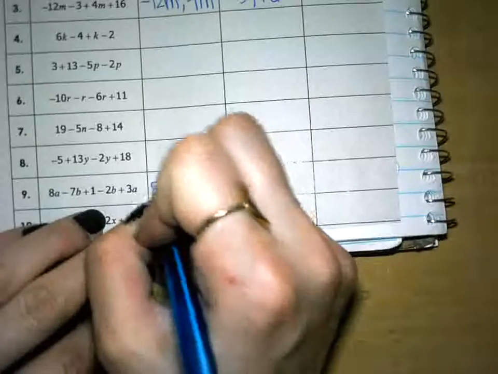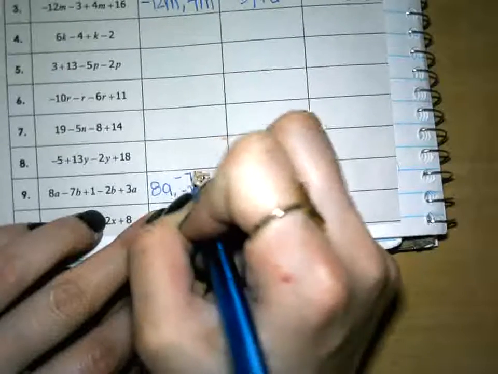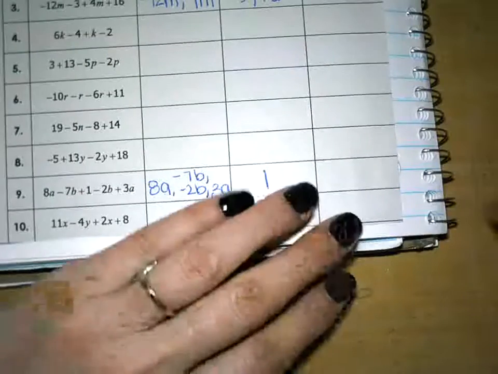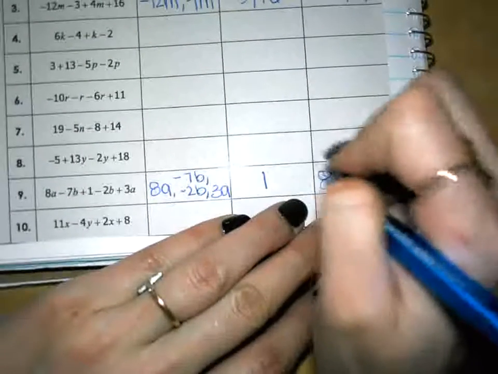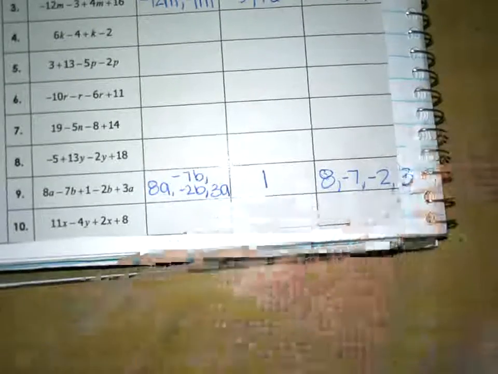What are my variable terms? 8a, negative 7, negative 2b, and 3a. What's my constant term? 1. And what are my coefficients? 8, negative 7, negative 2, 3.